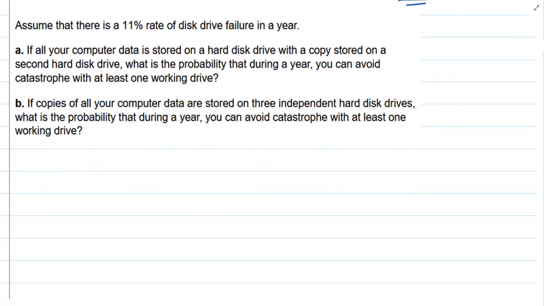All right, now we're going to this one, and we're going to assume that there is an 11% rate of a disk drive failure in a year. Disk drive failure.